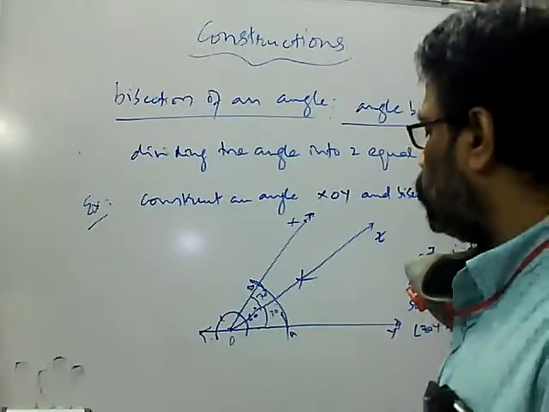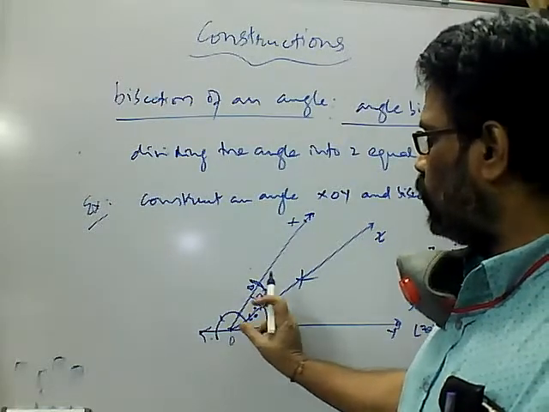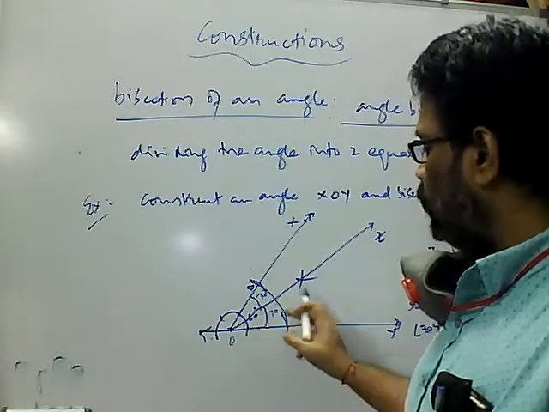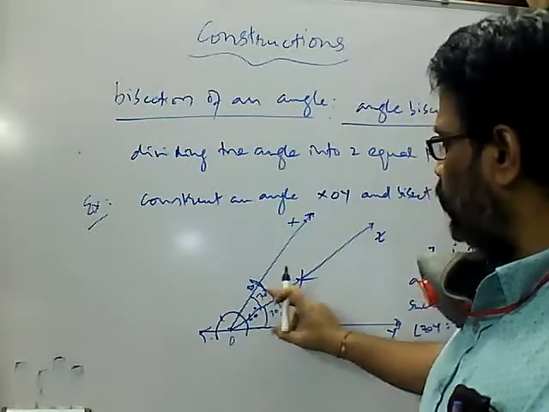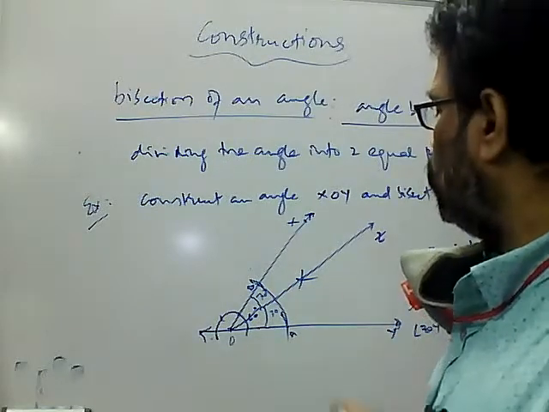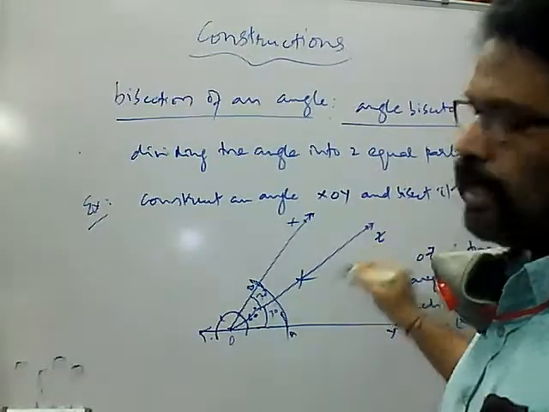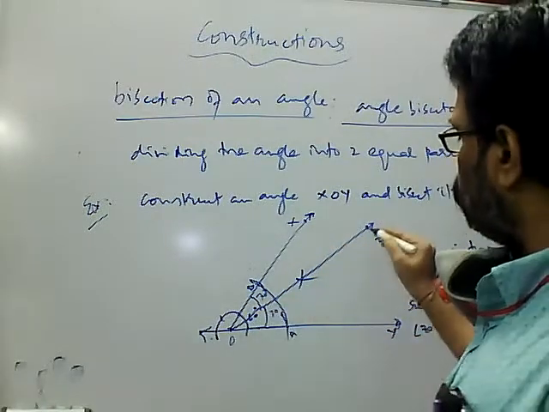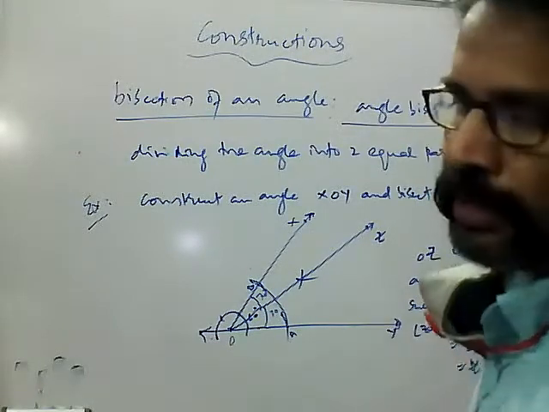Take any radius and cut an arc on OX and OY, marking A and B. Take more than half of AB as radius and cut an arc from A, and without changing the measurement cut an arc from B. The intersection point, joined to O, is marked as Z. OZ is the bisector of angle XOY. If you verify by measuring, XOZ equals ZOY equals 30 degrees. So it becomes the bisector of the angle.